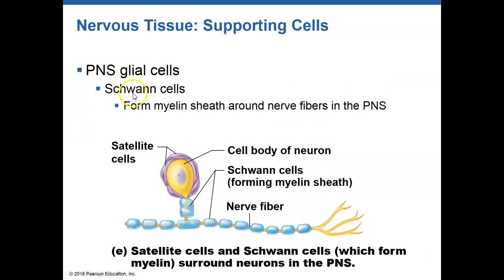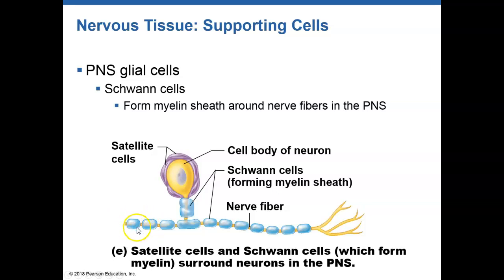For PNS glial cells, you have the Schwann cells, and then we have the satellite cells. Schwann cells are the cells that produce the myelin fatty tissue wrapping that insulates your peripheral nervous system. Each Schwann cell produces a small wrapping.